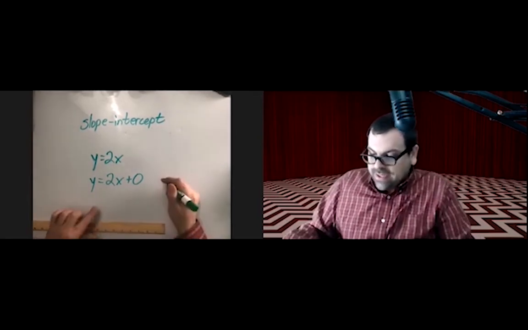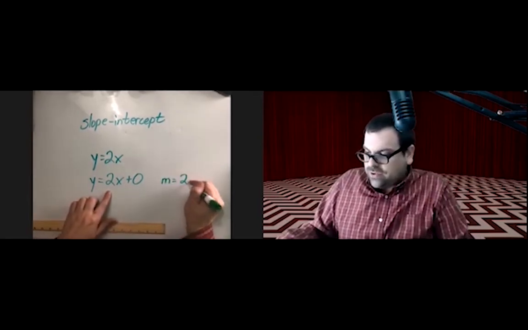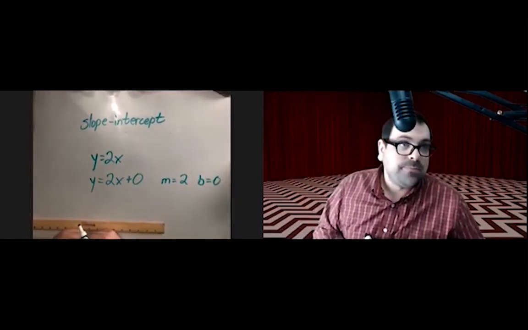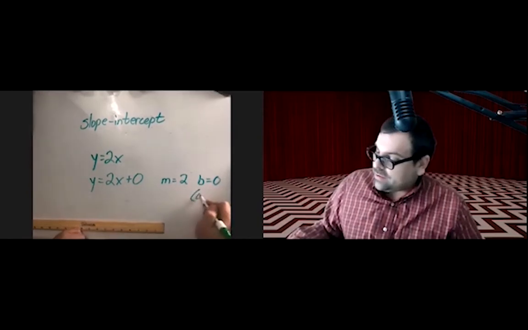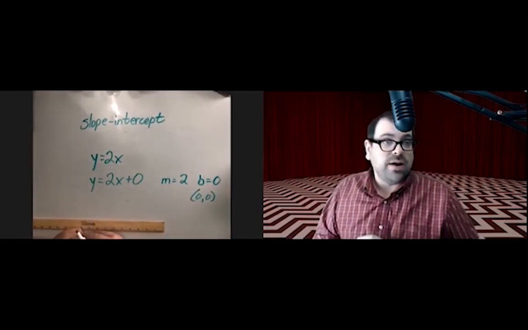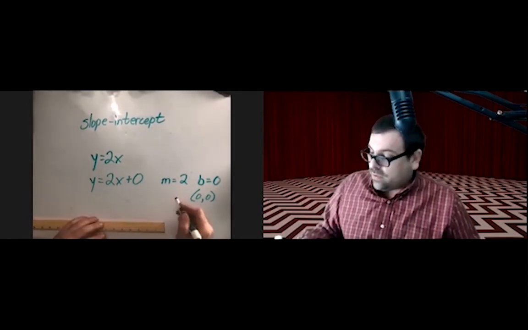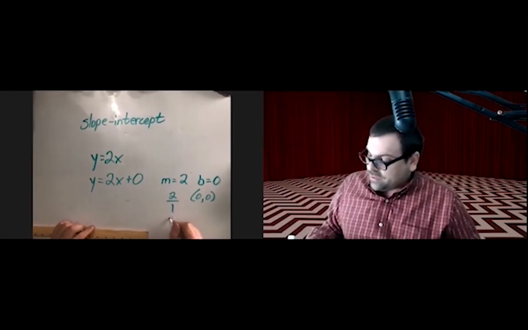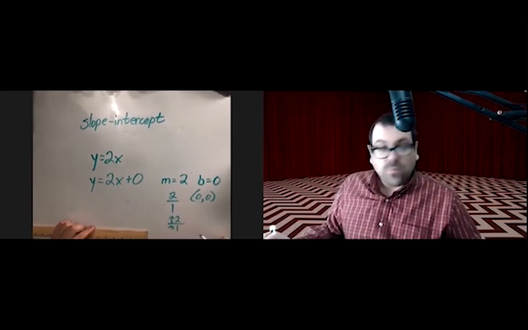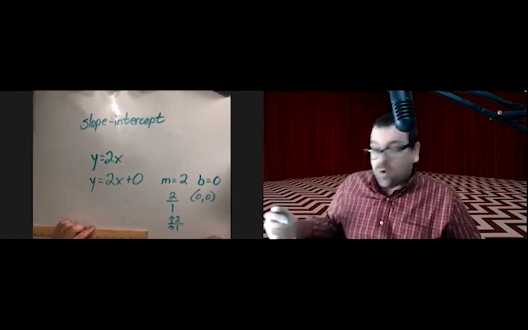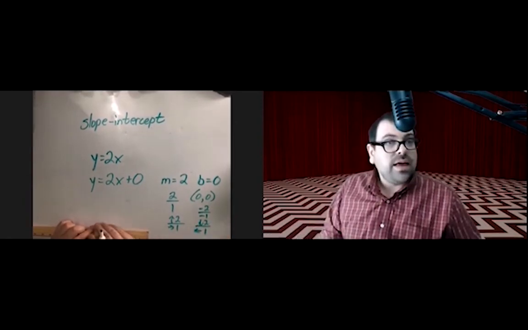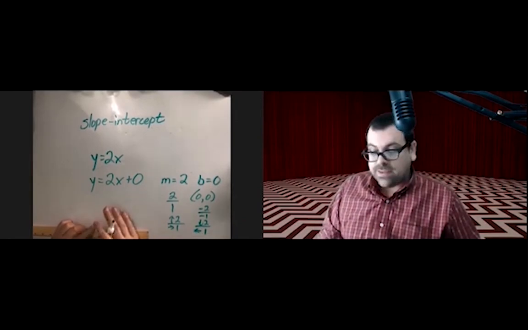And here we can see slope of positive 2, y-intercept 0. So here, the point (0, 0) would be on the graph. And we would go positive over positive, up 2, right 1, or negative 2 over negative 1, down 2, left 1, to get this line.